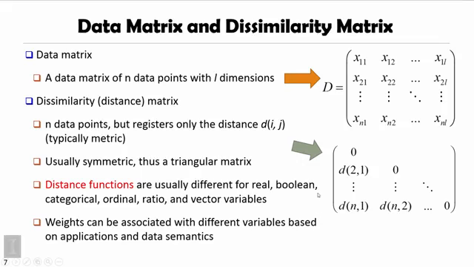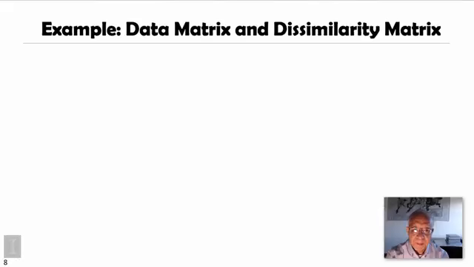But the distance function usually could be quite different for different kinds of variables like real, Boolean, categorical, ordinal, ratio, and vector variables. Their distance definition could be different. Moreover, sometimes they may have weights associated with those different variables based on the applications and data semantics. We're going to introduce this more later.